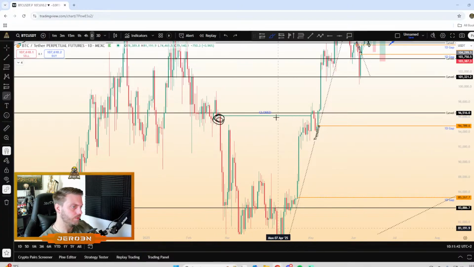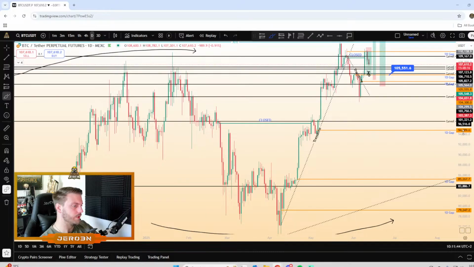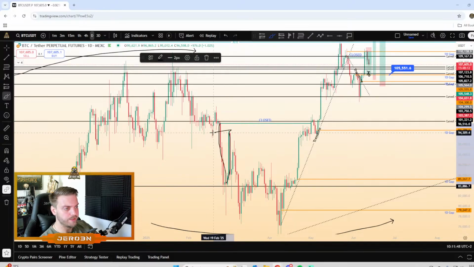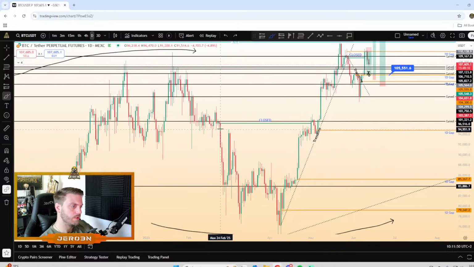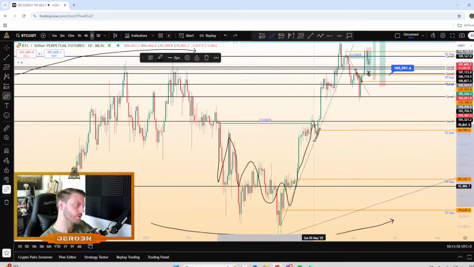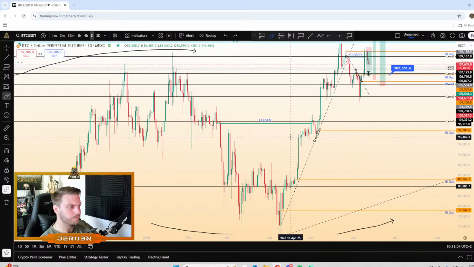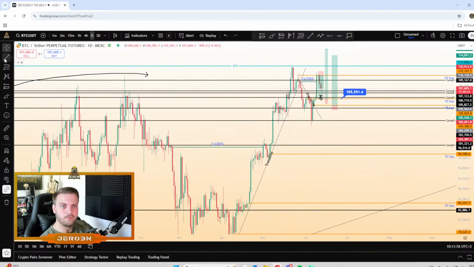And this gap, like 90%, wants to be filled again. Over here, it tried it, but it failed. And eventually, it did fill. And over here, we had another one where it did fill.